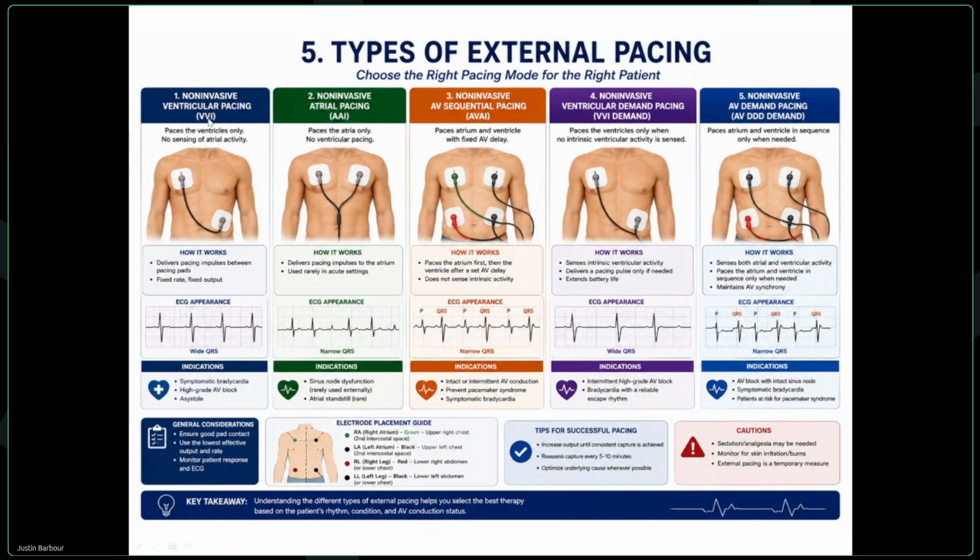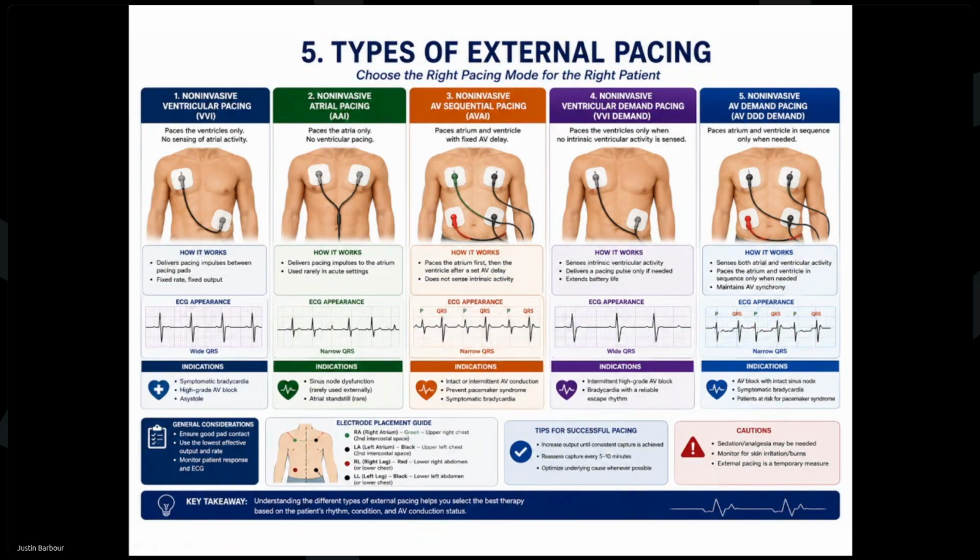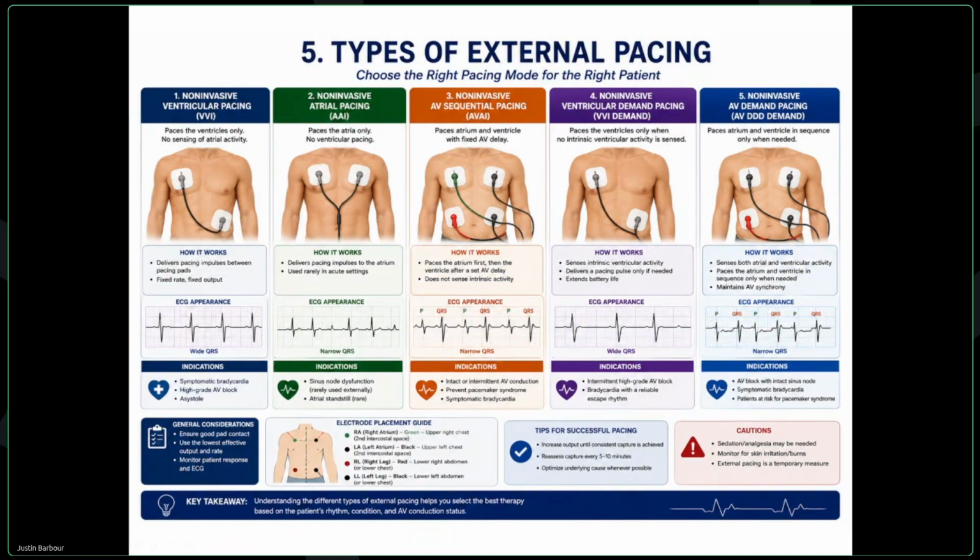Like here, you'll see VVI, AAI, AVAI, VVI demand. There's DDD. There are a whole bunch of these different modes, and just be aware, we don't expect anybody to memorize them. It is very difficult to remember, but there's only a couple modes that are pretty traditional.